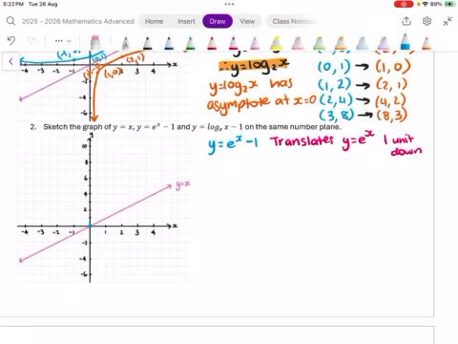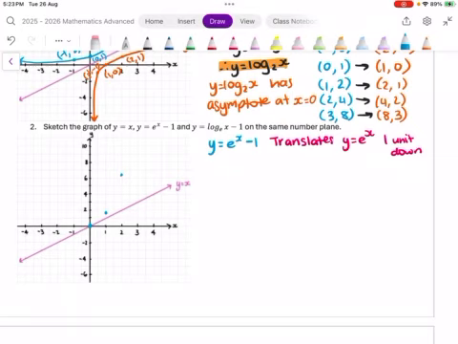I'm then going to substitute in 1, and I get 1.7. When I substitute in 2, I get 6.39. When I substitute in 3, I get 19, which is off my graph.